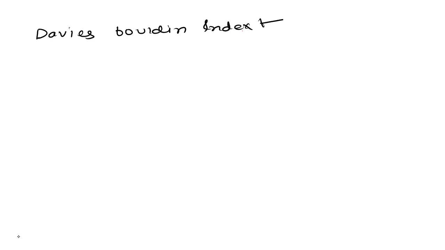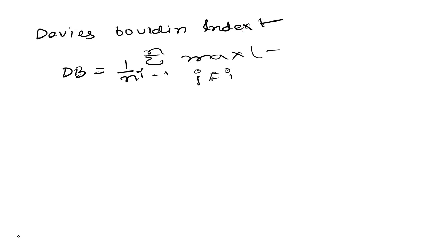We denote DB equals 1 over n, sum from i equals 1 all the way to n, and then you take the maximum where j is not equal to i, of sigma i plus sigma j divided by the distance between Ci and Cj.